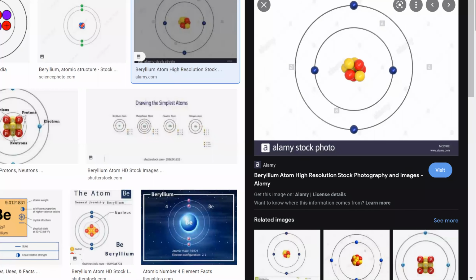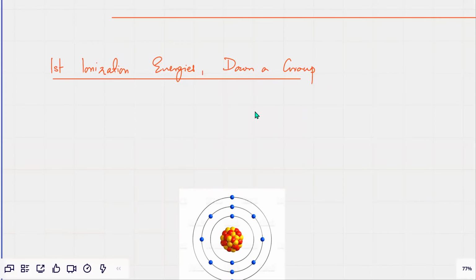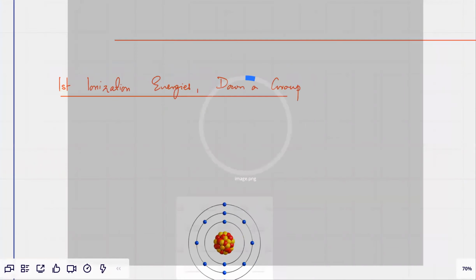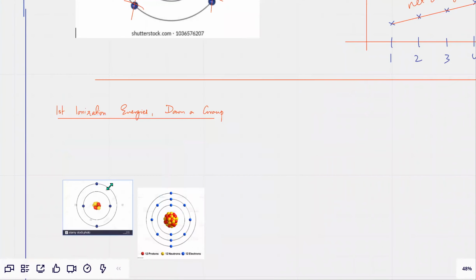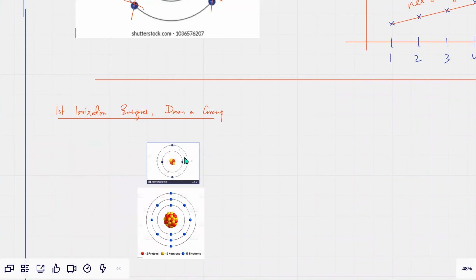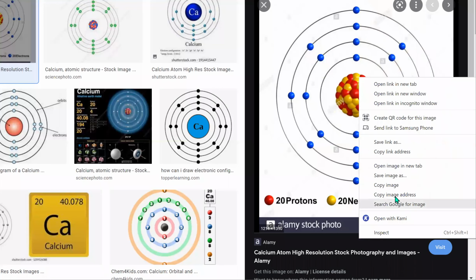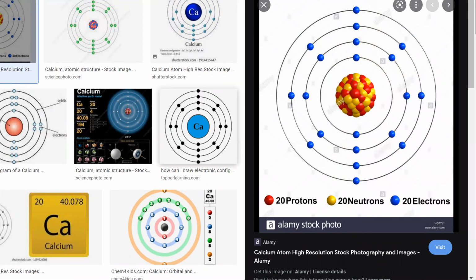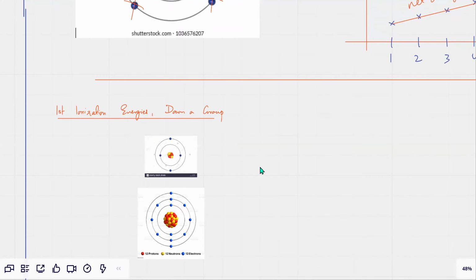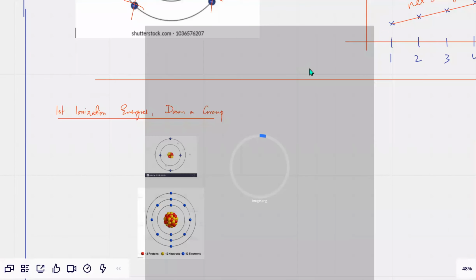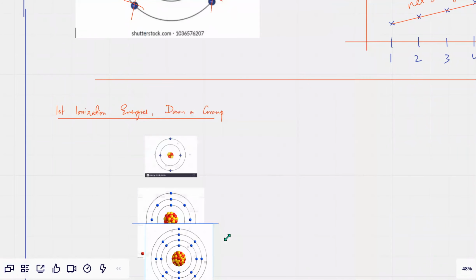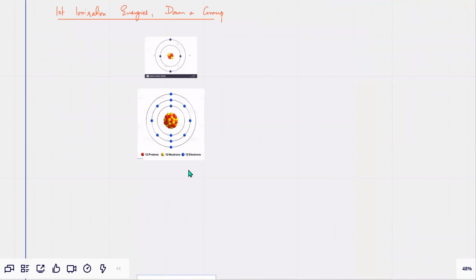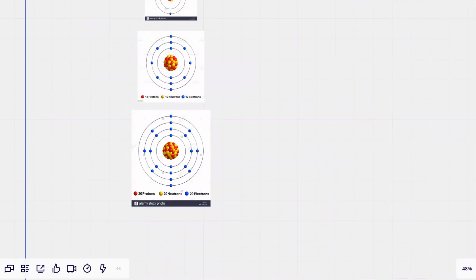Let's copy beryllium. And then you had calcium as well. So 3 atoms down the group.